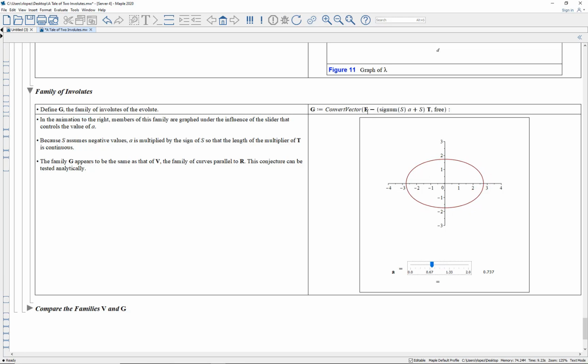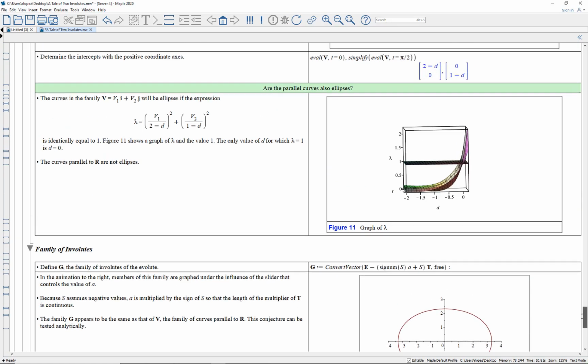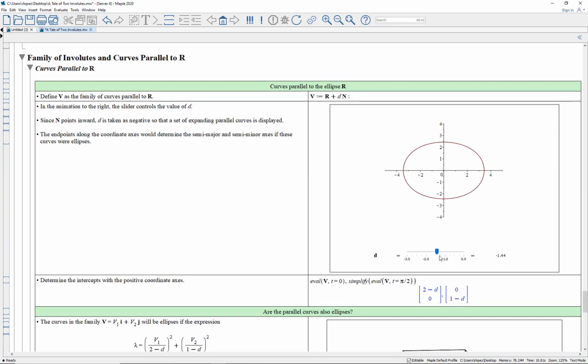Right? This is the E is for the evolute, and this is the family of the involutes of the evolute. It appears to be the same as this family.